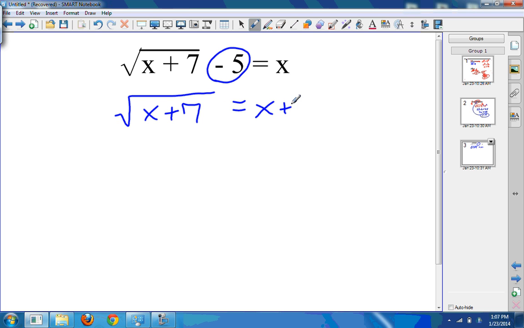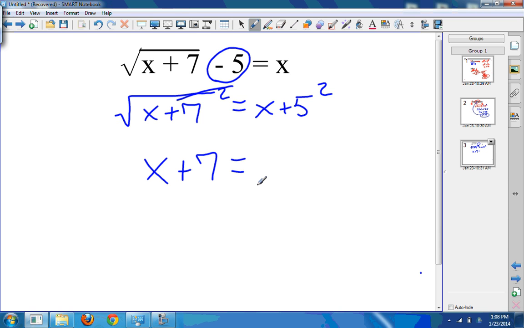So now, I'm sure you guys are thinking, okay, we need to square both sides. To square both sides, that is the next step we need to do, and this will cancel out over here on the left side, and we get x plus 7 is equal to. Now this is where we run into a little bit of a problem. We need to square this whole left side. Okay?